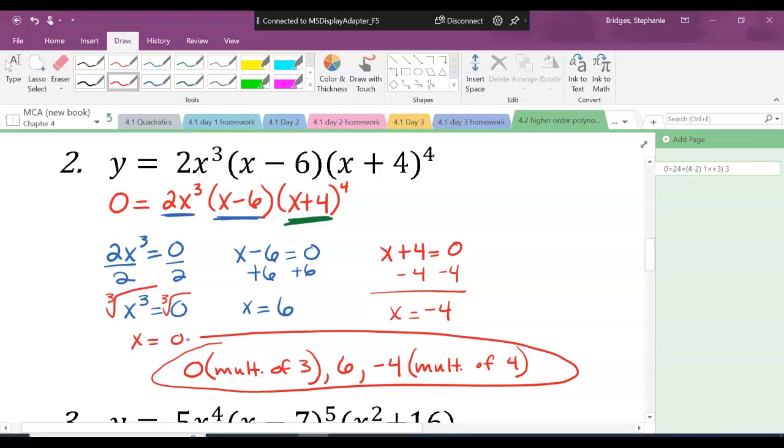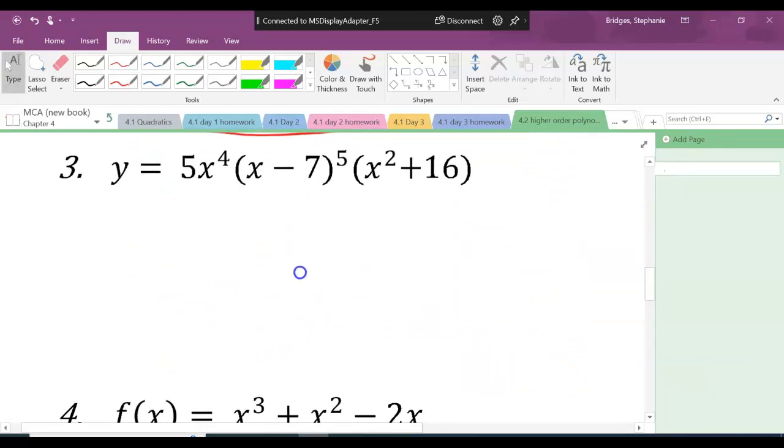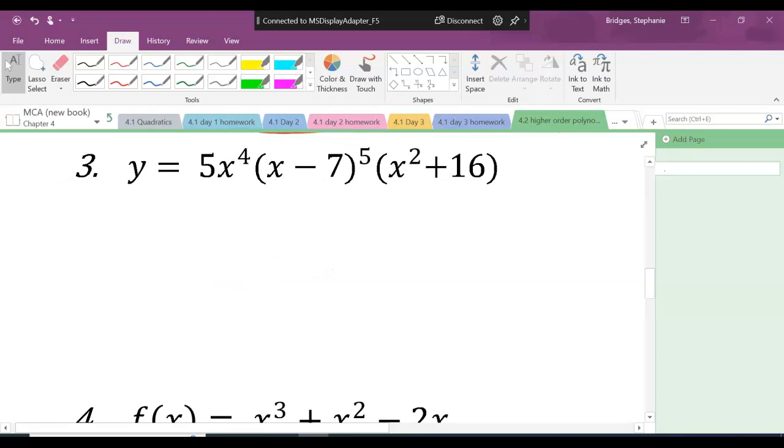All right, we're going to take a look at number 3 because there's something that happens with number 3 that we're going to have to pay close attention to. If you will take a minute and write it down.